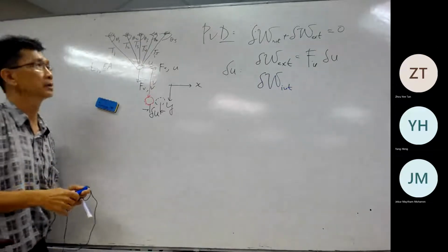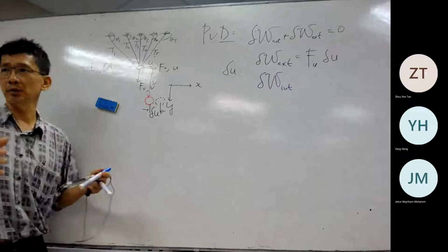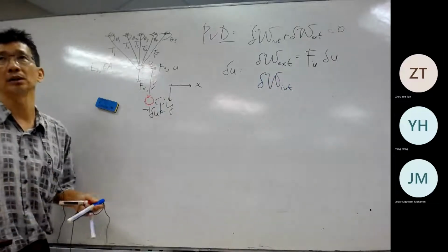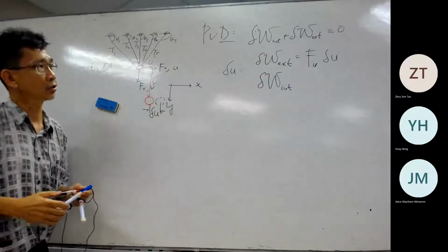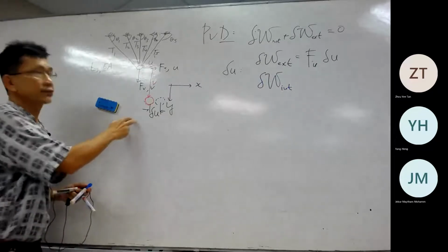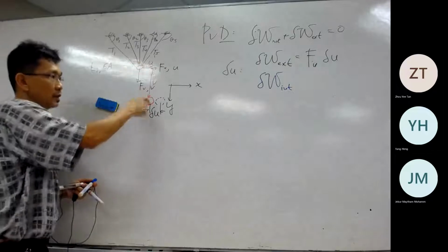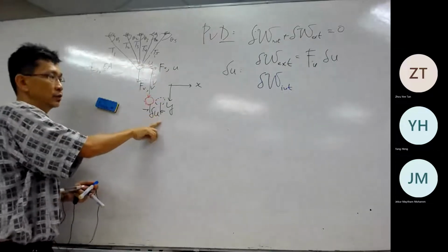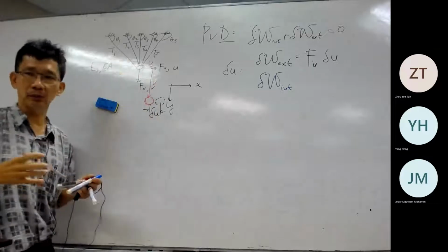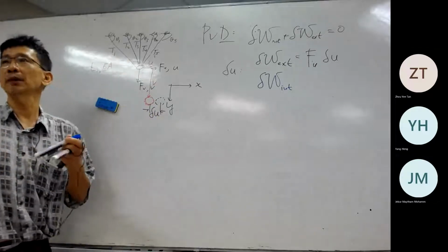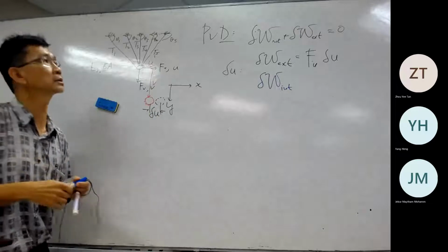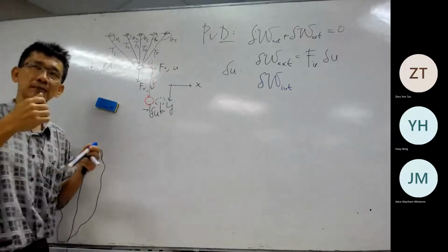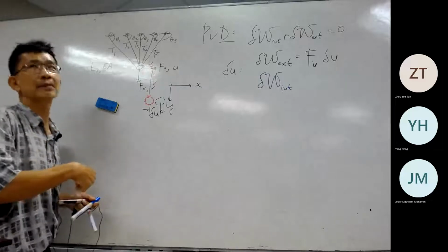And each of the members will become longer. When it comes to this state, then you apply this delta u virtual displacement. So each of the members will also be extended by some virtual elongations.